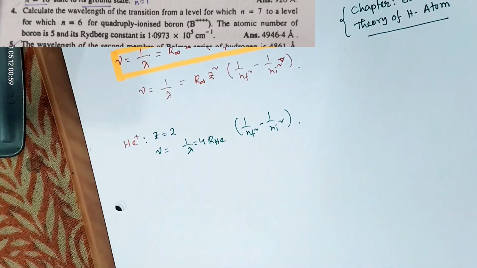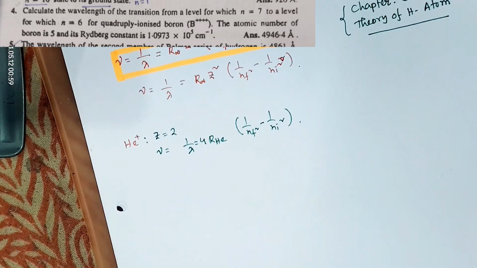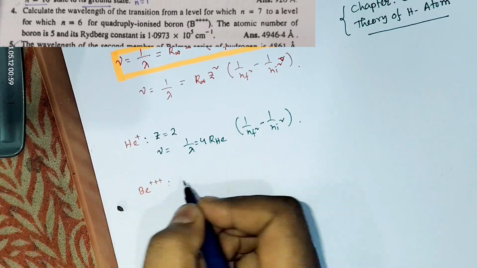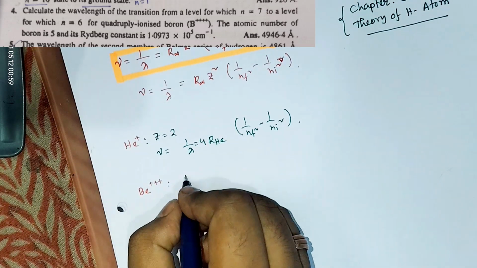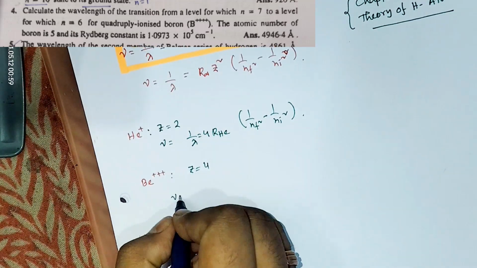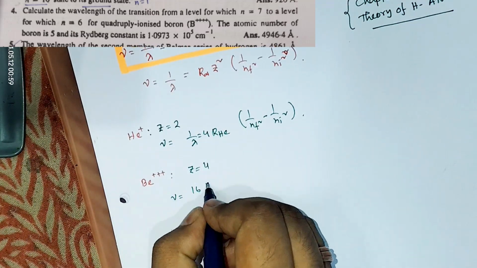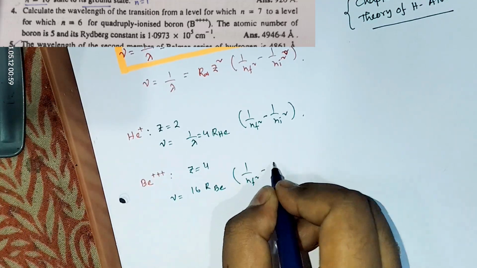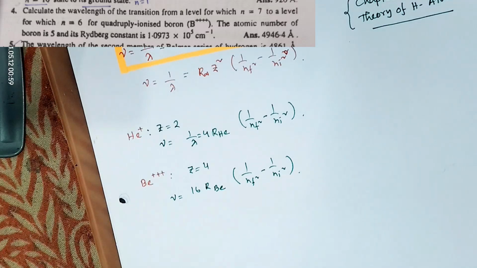I think you have understood this. If you think about triply ionized beryllium, Be plus, then for that Z equals 4. And if Z equals 4, then you will get nu equal to 16 R Be into 1 by nf square minus 1 by ni square. We will use this formula as needed.